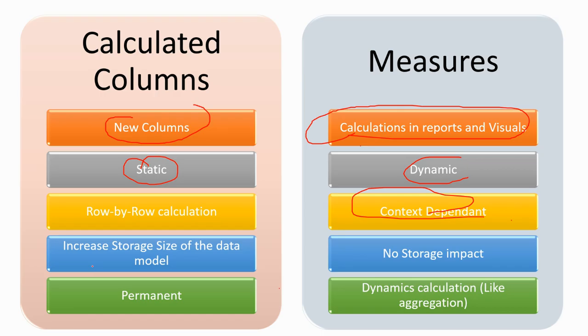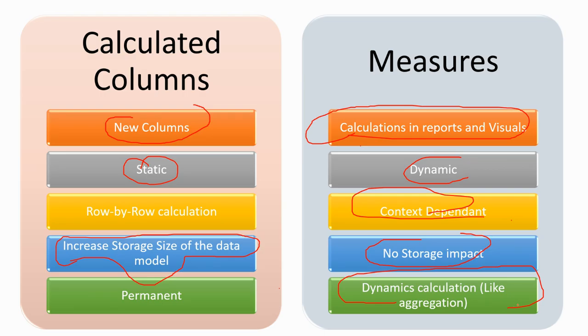Calculated columns also hold space in your table, since each creates a new column, so it increases the storage size of the data model. Measures are not located in your table and do not create a new column, so they don't impact storage. Calculated columns are permanent until you delete them, whereas measures are dynamic calculations, like aggregate functions, with no storage impact.